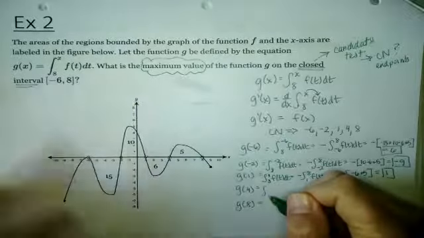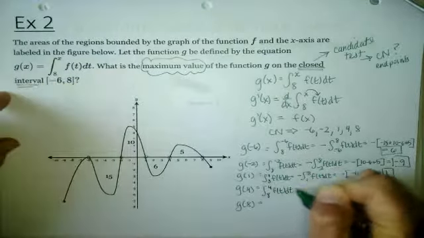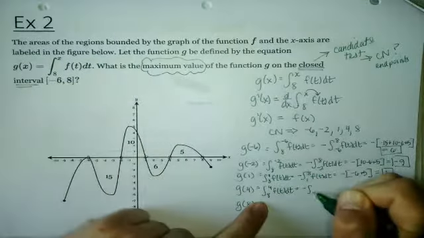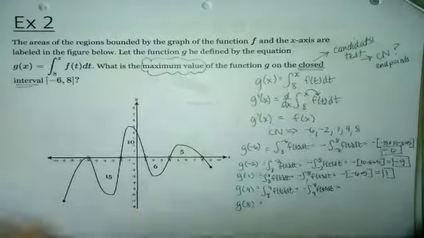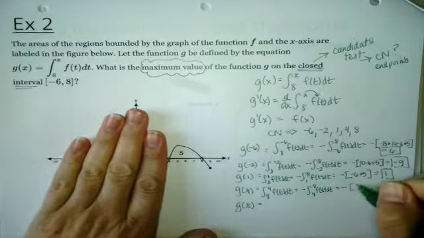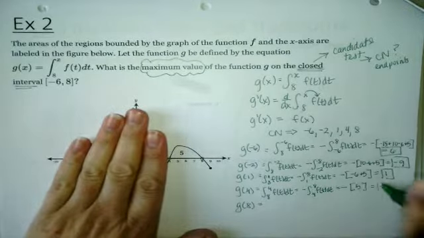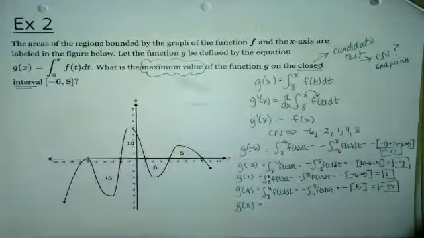And the integral from 8 to 4, reversed, 4 to 8, f of t dt. All right, so to go from 4 to 8, there's a negative in front. That area is 5, so we get -5 for the area, for the point, the ordered pair actually on G.